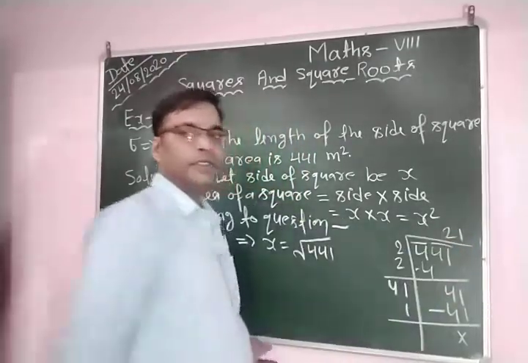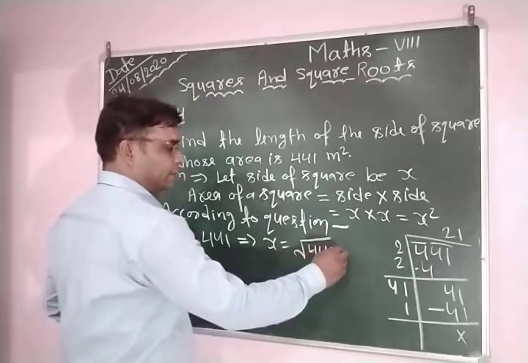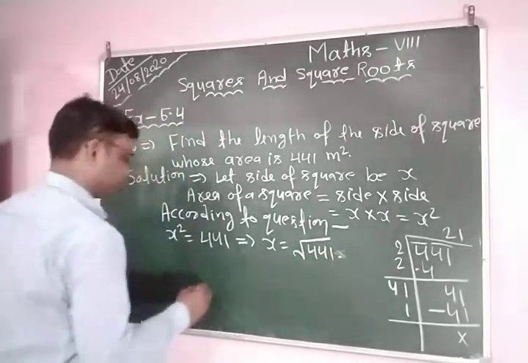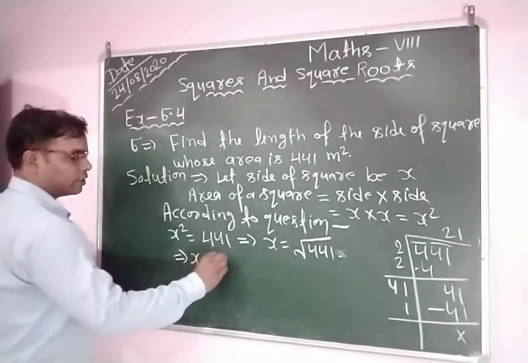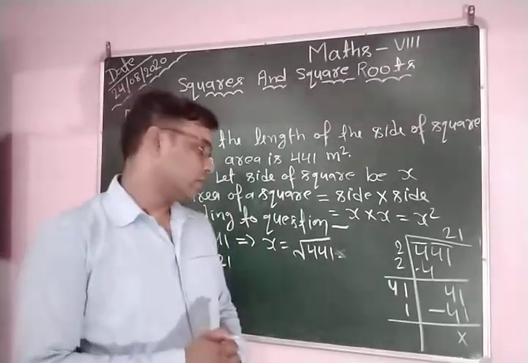So here the quotient is 21. It means that the square root of 441 is 21. So you can write x is equal to 21. The square root of 441 is 21.